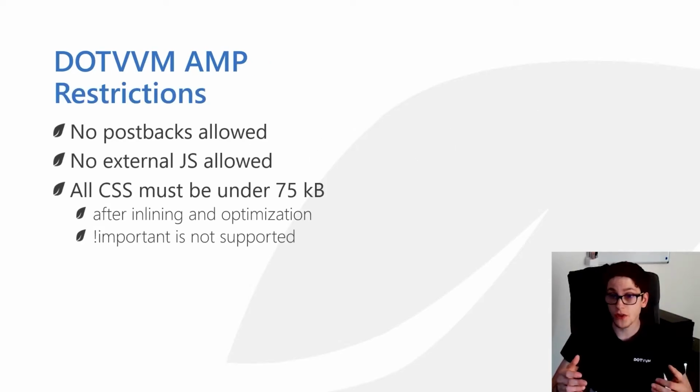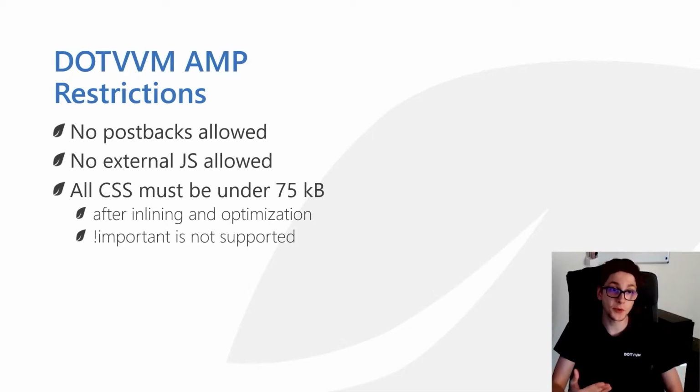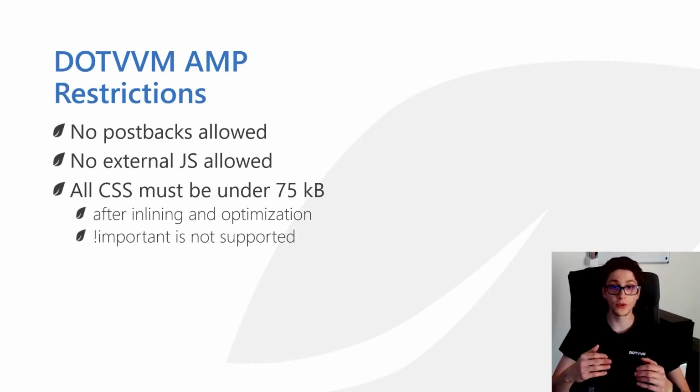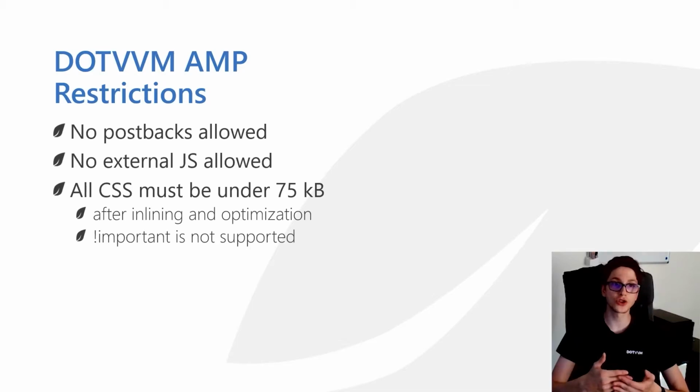Unfortunately, because DotVVM AMP uses AMP for this and AMP is restricted, there are some restrictions when you are using DotVVM AMP. So pages which you want to convert have to be quite simple. For example, there is no support for any JavaScript, so the main DotVVM client library will not be loaded, and thus there is no support for postbacks.